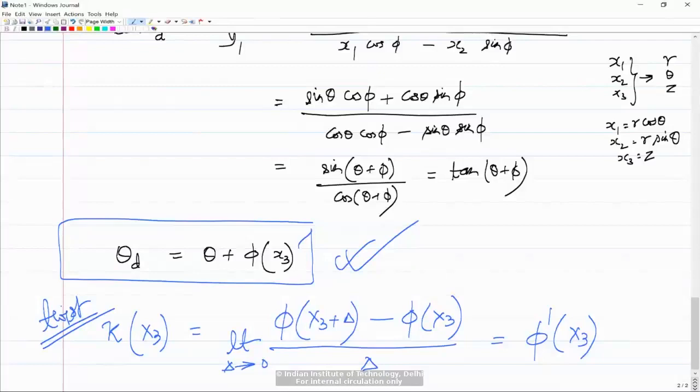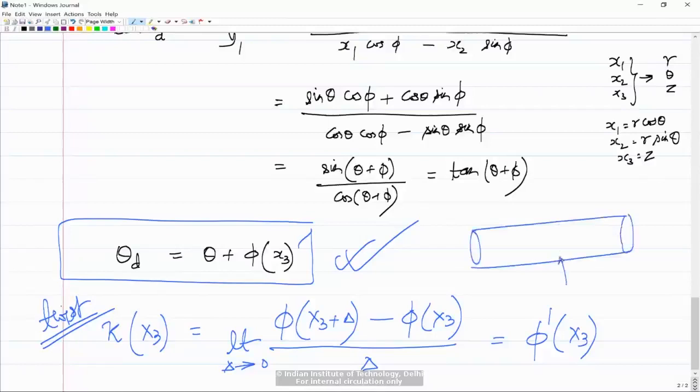But here, the twist is not uniform, so we cannot use that formula, end-to-end rotation divided by length of the beam. Here the twist is varying from one point to the other. So what we have to think of is, here is the cylinder.